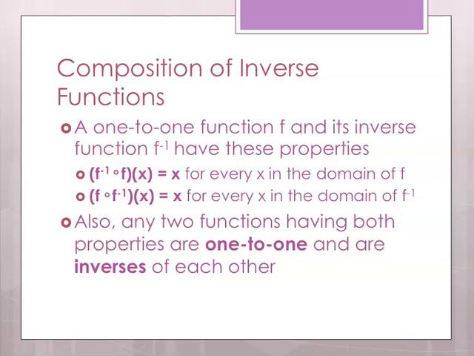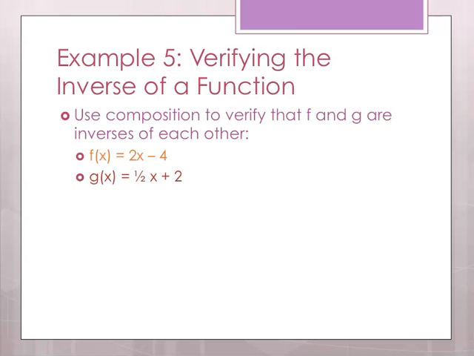Let's do an example of this. Use composition to verify that f and g are inverses of each other. What we're going to do is compose f with g and compose g with f and show that in both cases the result is equal to x. So let's start with f composed with g.